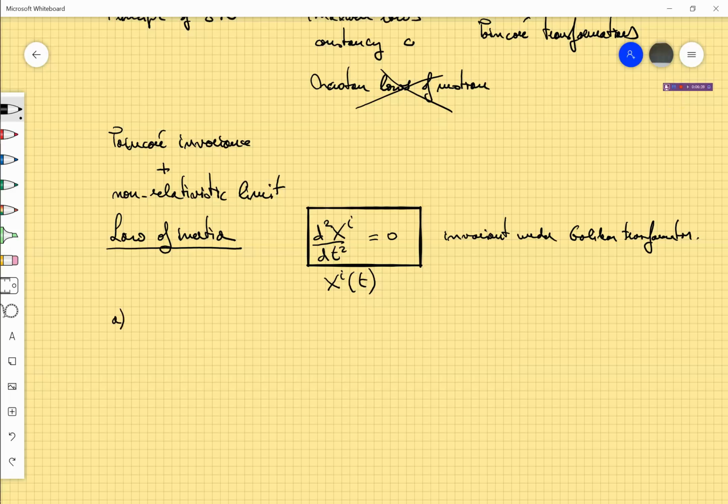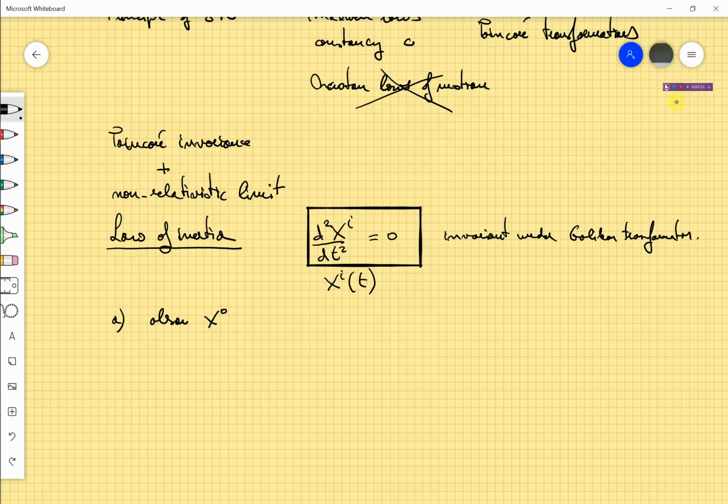The first is that in this law of inertia only x^i appear, but clearly if this is going to be Poincaré invariant, this law should also involve x^0, because the Poincaré transformations mix the x^i and the x^0. So even if you don't have x^0 at the beginning, after the transformation you will have it. Only if you have x^0 and x^i at the beginning, you will have x'^0 and x'^i at the end.